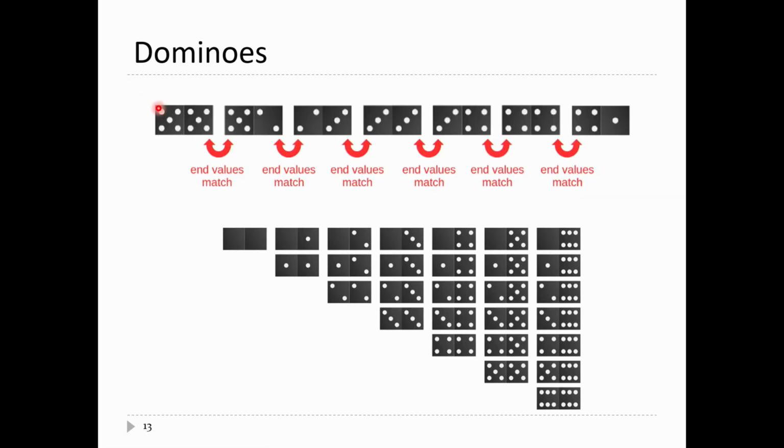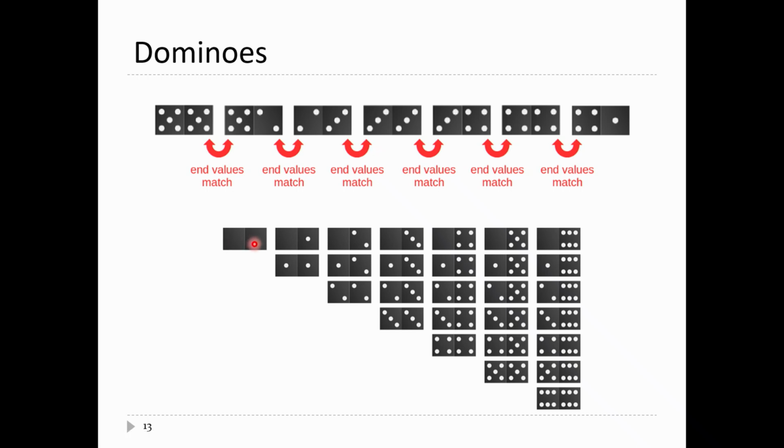If you haven't seen a domino, dominoes are these little tiles that you can play a variety of games with. Each domino has two faces. Each face is marked with a number of dots called pips, and you can have anywhere from 0 to 6 pips in a standard set of dominoes. Variations of these tiles have different possible numbers of pips, but the standard set looks something like this.